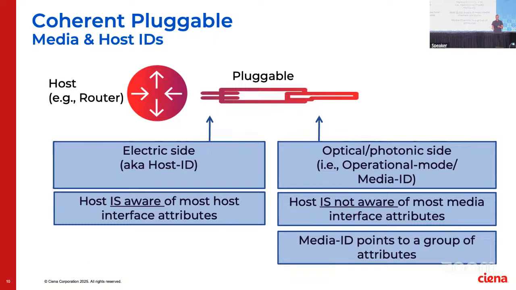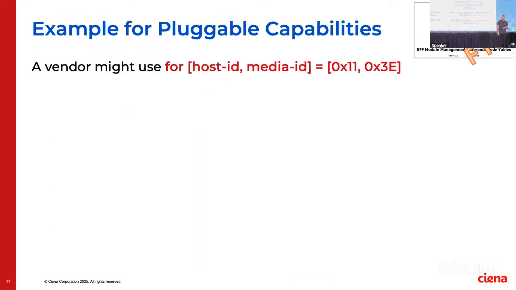So having these two sides, let's go through a simple example. This is not trying to give the whole context of media ID and host ID, but just giving an example. These are something that at least trigger our discussion in a tangible way.